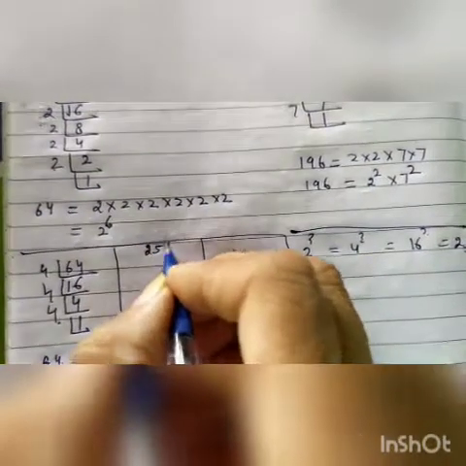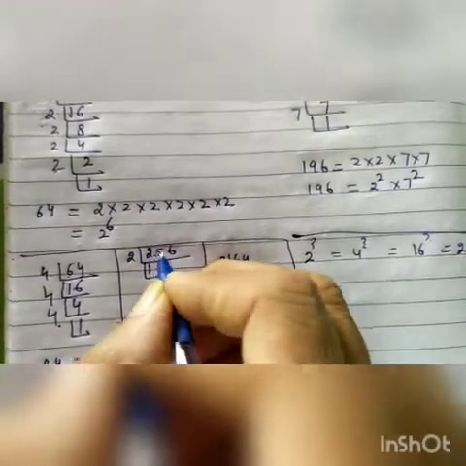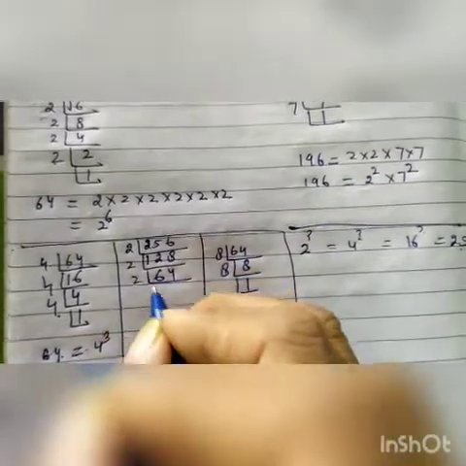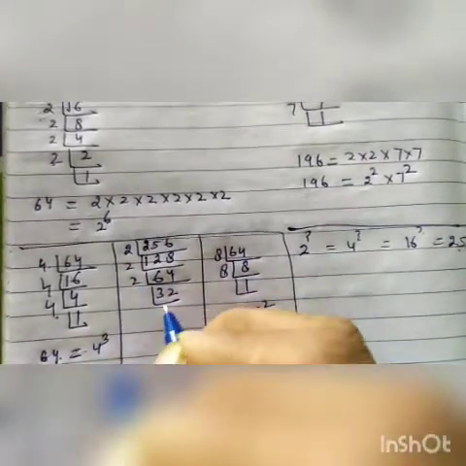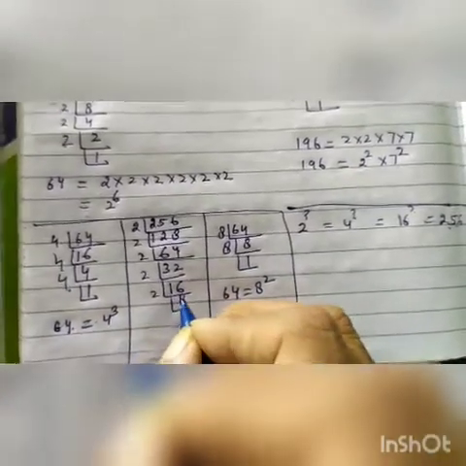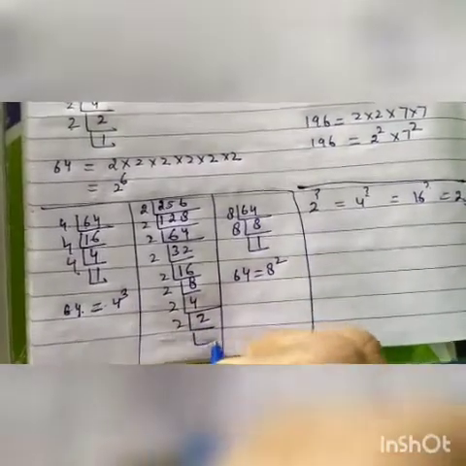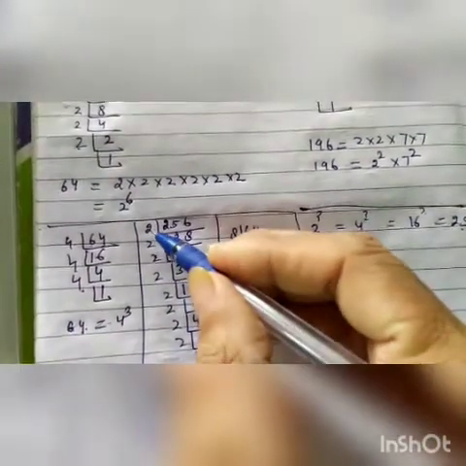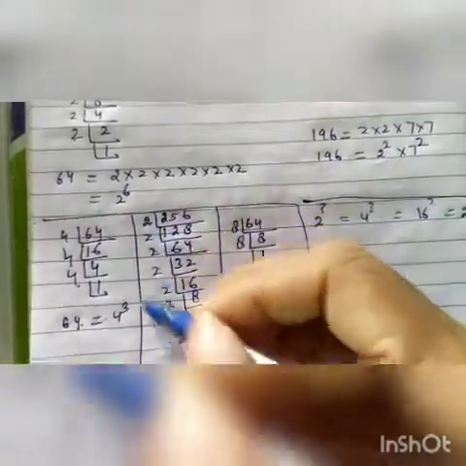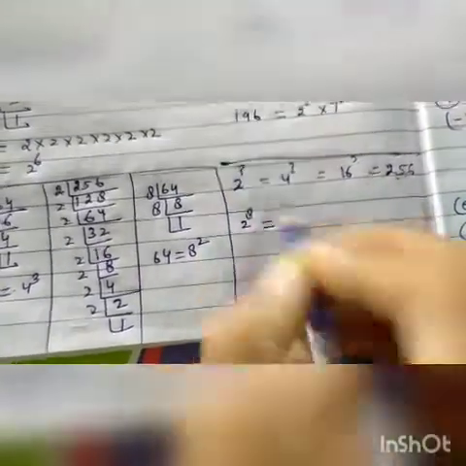If we do 256, 2 1s are 2, 2 2s are 4, 1 remainder, 2 8s are 16, 2 6s are 12, 2 4s are 8, 2 3s are 6, 2 2s are 4, 2 1s are 2. So what is the power of 2? 1, 2, 3, 4, 5, 6, 7, 8. We are getting 8 times 2. So we can write here 2 power 8.